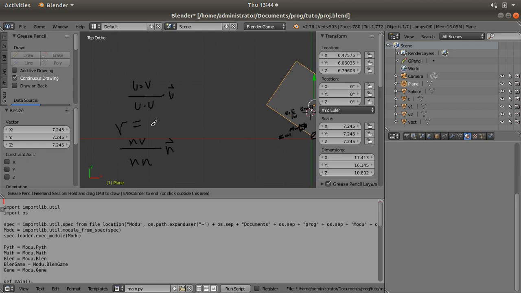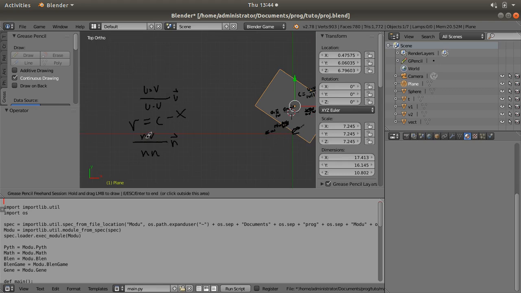I'll call it C for center. X is a point, C is the plane, or that's backwards, sorry. It's C minus X, so that points from the point to the plane, and that's what V is equal to. And then plug and chug the rest, and you'll get a vector that moves to the shortest point.